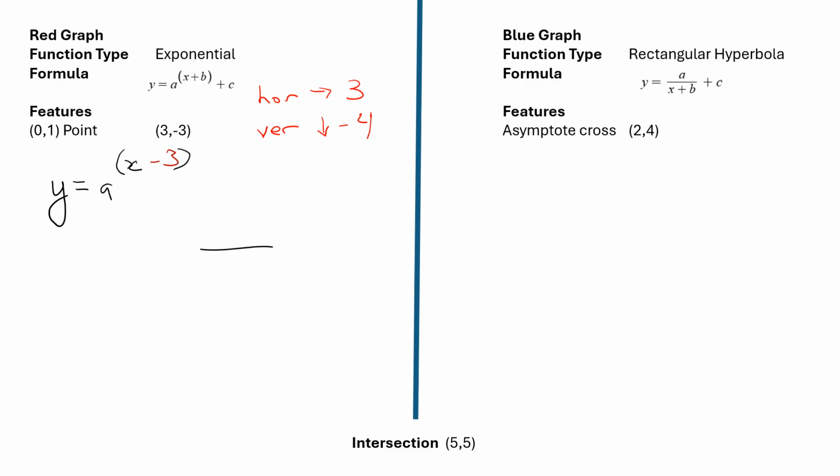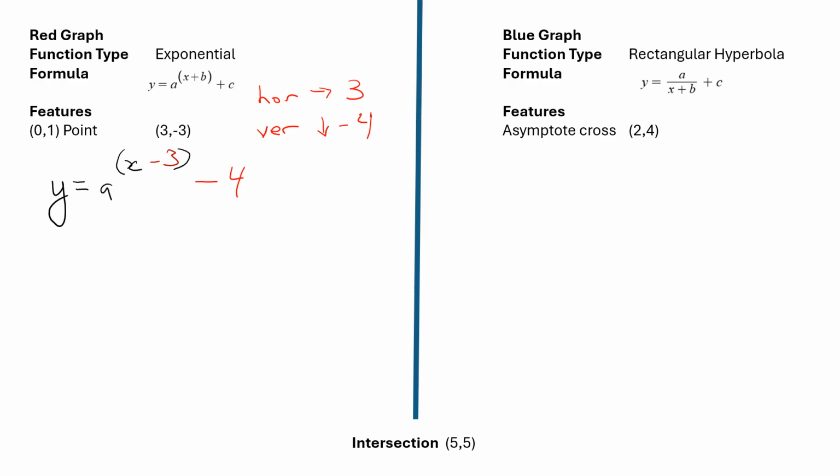If we're going right, we're going to subtract, and if we're going left, we're going to add. Yeah, so that's what we've done here. Now, to substitute in the vertical shift, we're going to subtract 4. Yeah, so now we've worked out our formula for the red graph, with the exception of course, our a value. We're going to work on that in a second.